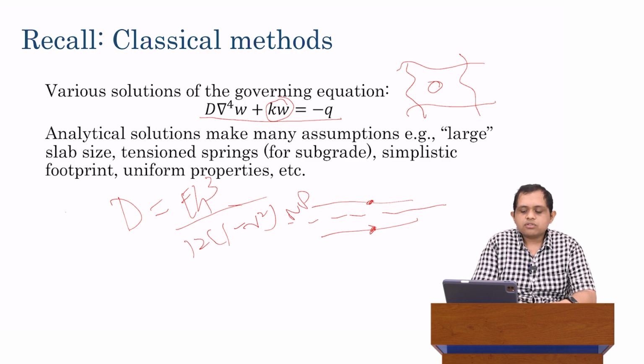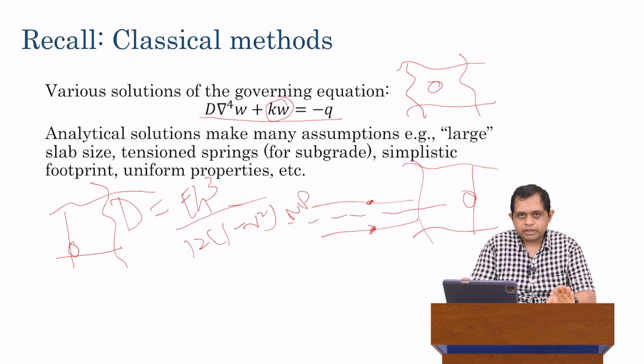Or we looked at the case when it was loaded at the corner. That is, we had 2 edges, they intersected at a corner. We put a load, but we assumed the other 2 edges were very far away. Or we had the case of loading at the edge, where we have one edge, we placed the load at the edge, and we assumed all the other edges were very far away.